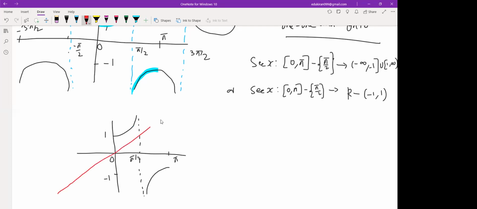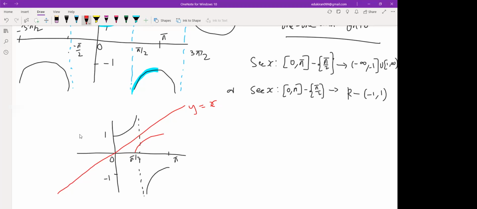And we take a line y equal to x. So it would be 0, 1, so 1, 0 and pi by 2, infinity. So it would be like this.